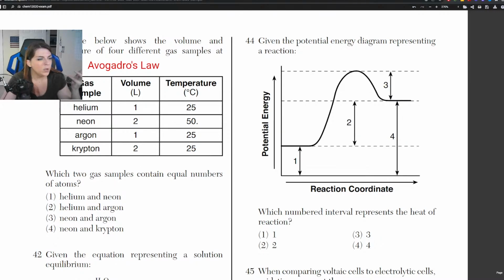I'm going to go with helium and argon, because helium, we have 1 liter at 25 Celsius, and argon, we have 1 liter at 25 Celsius. So they have the same volume, the same temperature, and they have the same pressure. So they're going to have the same number of atoms. And that's 41.